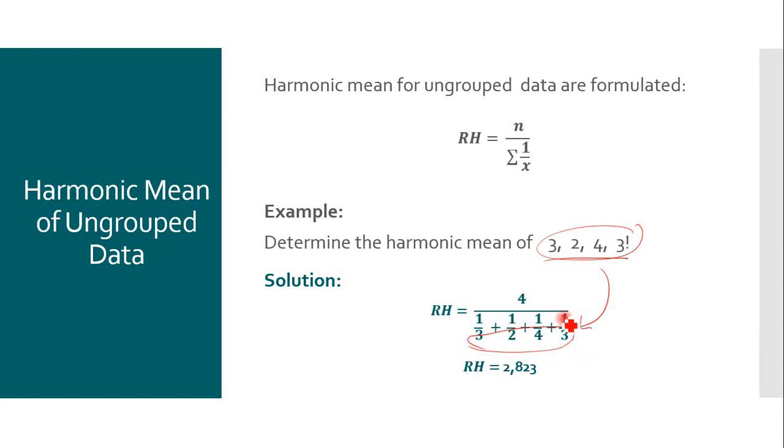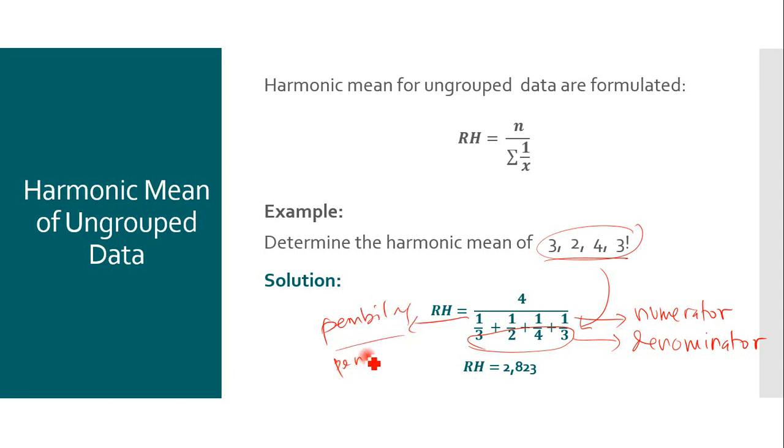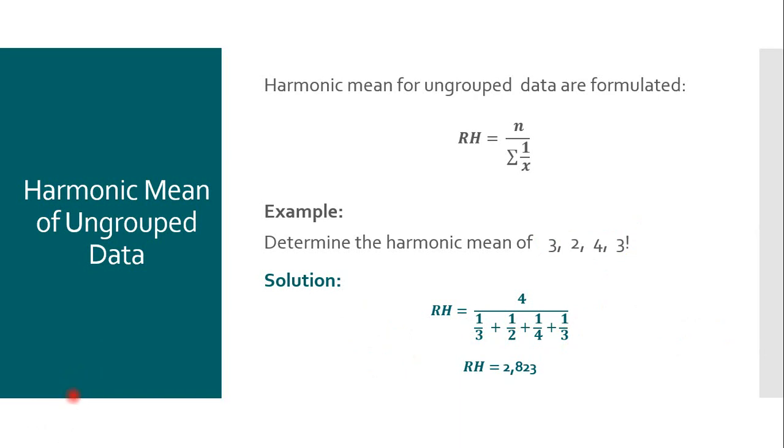Okay, this is the numerator and this is the denominator, which in bahasa we call pembilang dan penyebut. Okay, so if I say the denominator, I mean the penyebut as well.